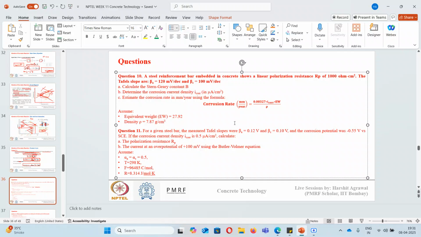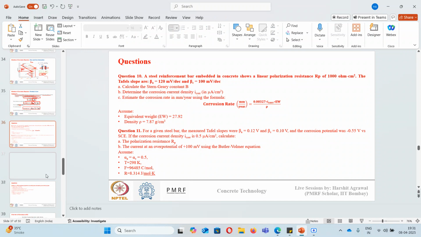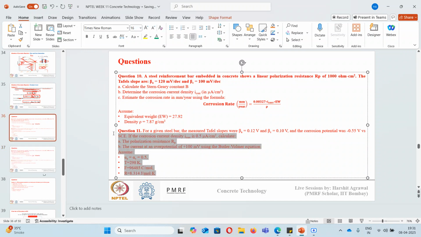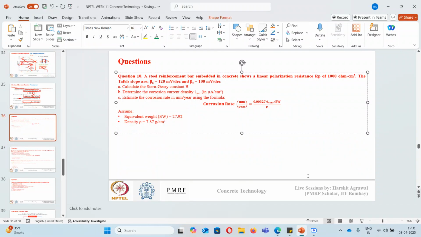Okay, let's see the solution for this question now. I will take a new slide and remove this question from here. So what is given to us in the question? We know the polarization resistance value, which is 1000 ohm centimeter square.